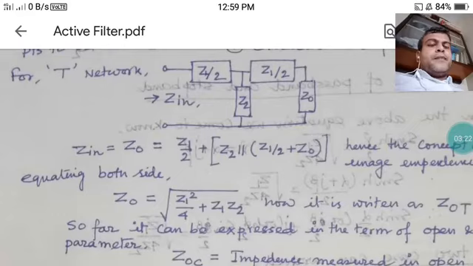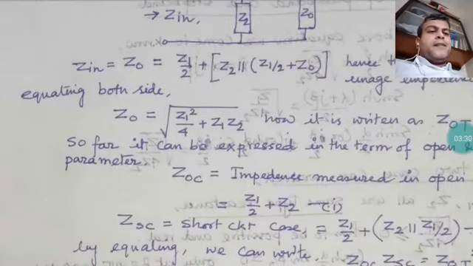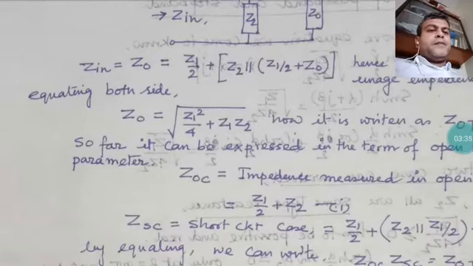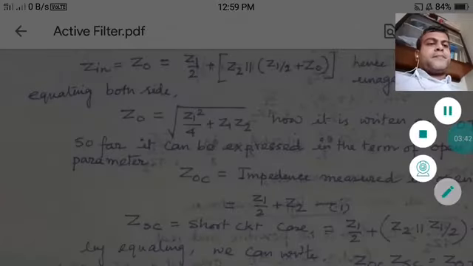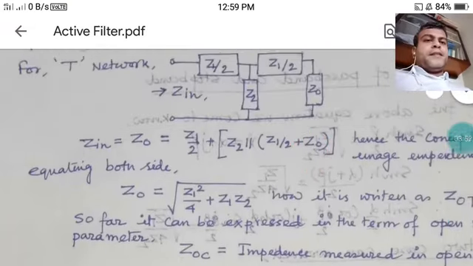In the previous class I have already shown you ZOC, the open circuit parameter. If you make this open, ZOC equals this, and ZSC equals this.